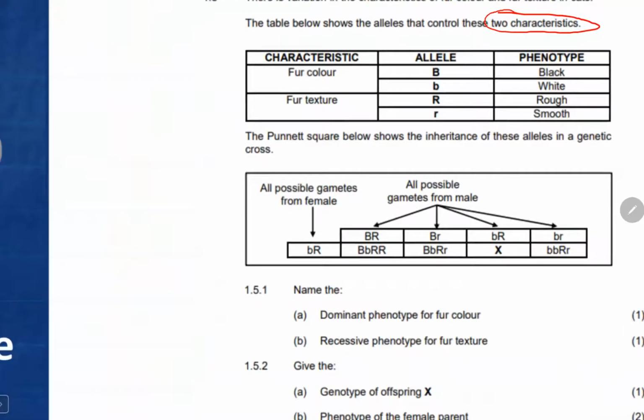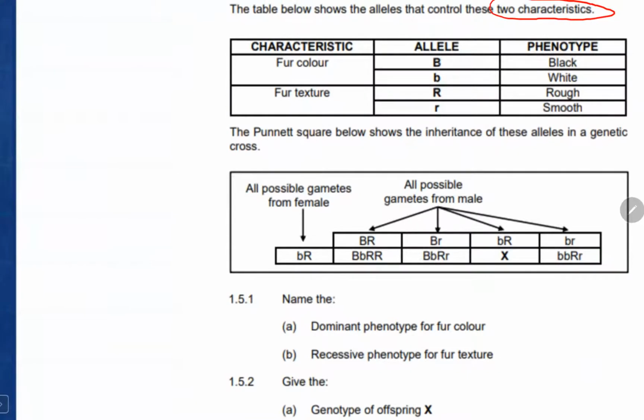We can see that if it is the dominant allele, a capital B gives us black. If it's a recessive allele, and remember for recessive, you're going to need 2 of these to give us a white fur color. For the fur texture, you can have 1 or 2 capital R's for the rough texture.